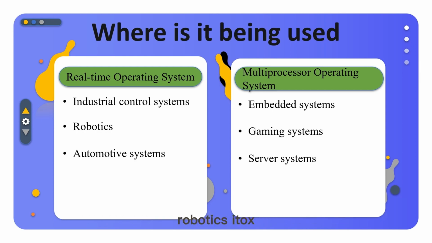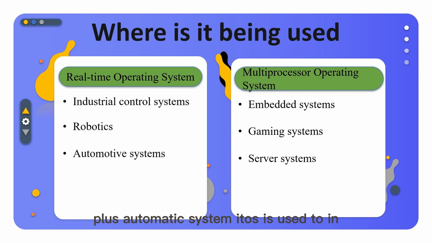Robotics: RTOS is used in robotics to ensure precise timing and control of robotic systems. This is essential for applications such as factory automation, medical robotics, and space exploration.